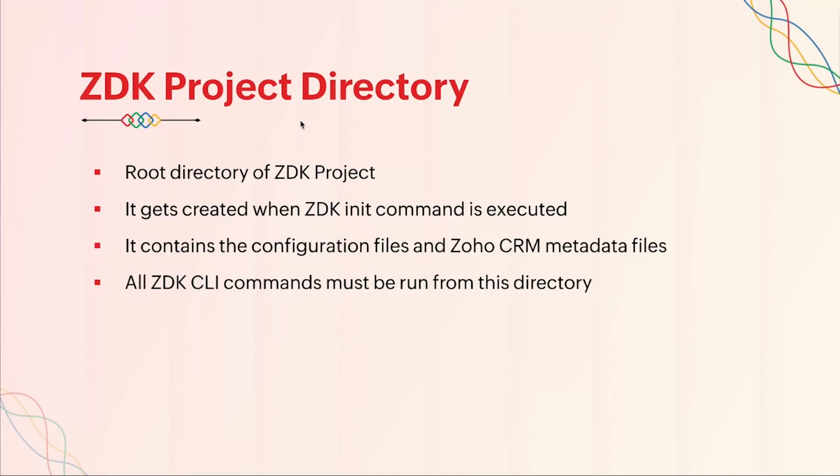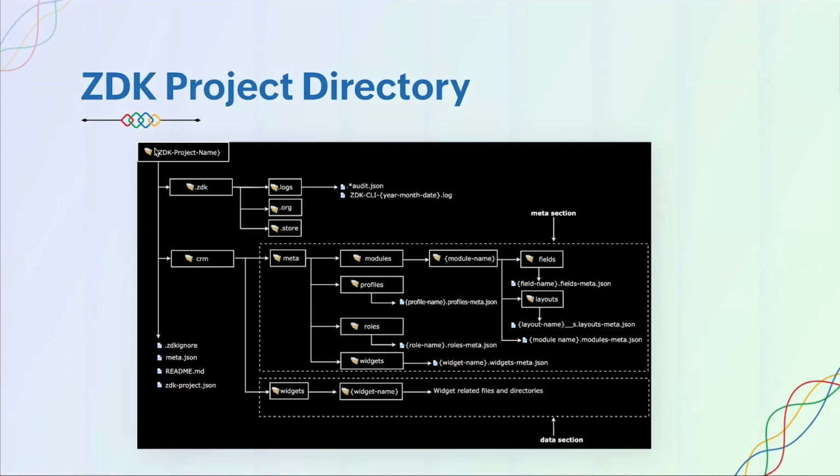Let us take a look at the ZDK CLI project directory structure. It consists of two folders, .zdk and CRM, and a few files. The .zdk folder consists of log, org, and store folders. The CRM folder consists of meta and widget folders.